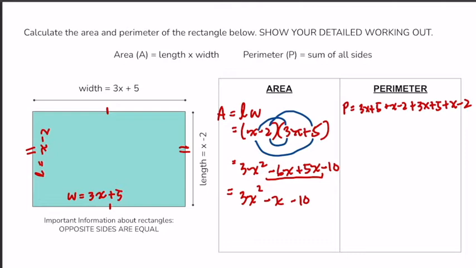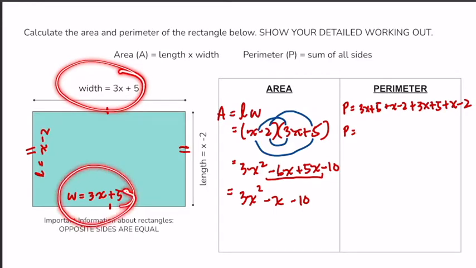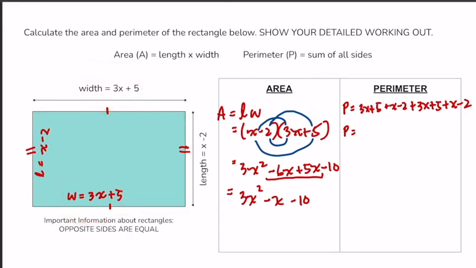Okay, but this method can lead to some mistakes because you are looking at so many terms. So there's another way of doing this, okay? Since you know that this side is equal to this side, that means you are adding them twice. So you can just use 2 times 3x plus 5 plus 2 times x minus 2.